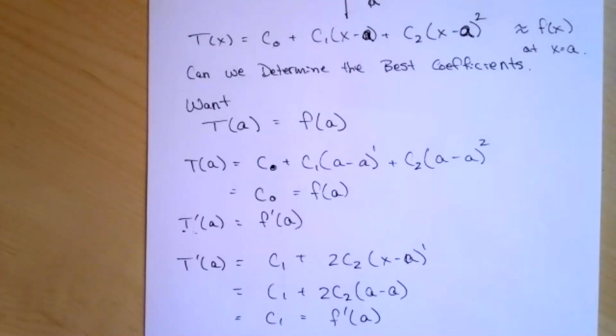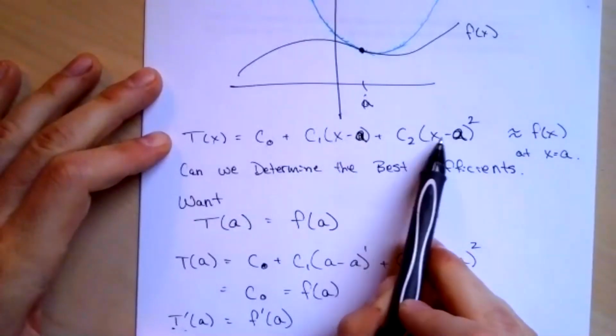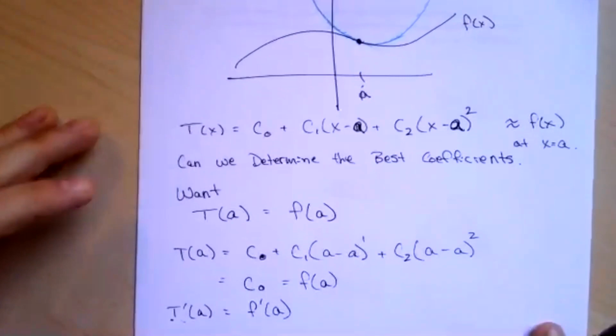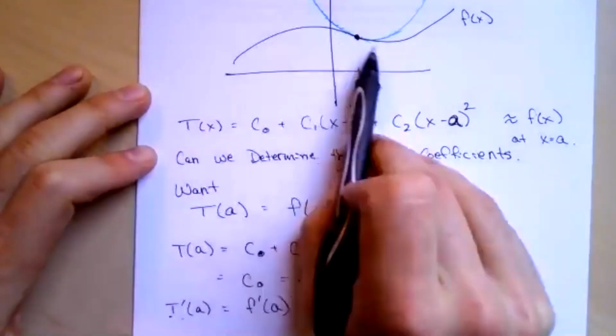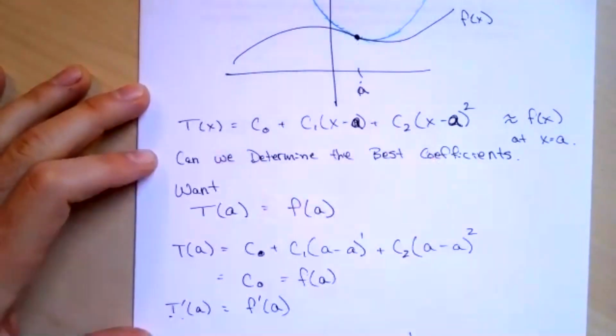And so this is what we're going to see. When we have polynomials and when we have series that are centered at a given value, the coefficients are going to correspond and be directly related to the derivatives of the function. So if we were to keep going, well, we have a parabola. We've matched the point. We've matched the first derivative.